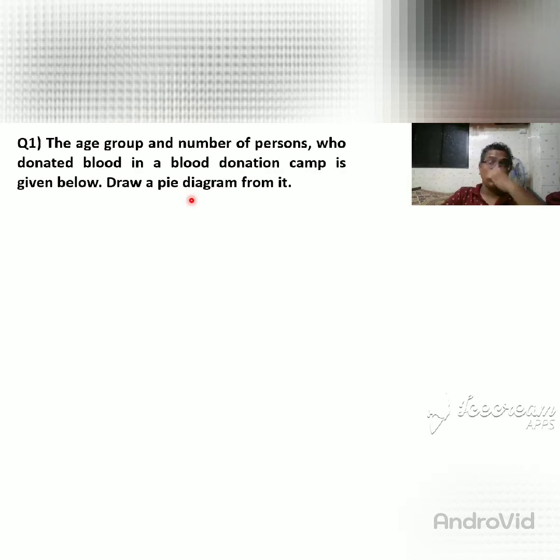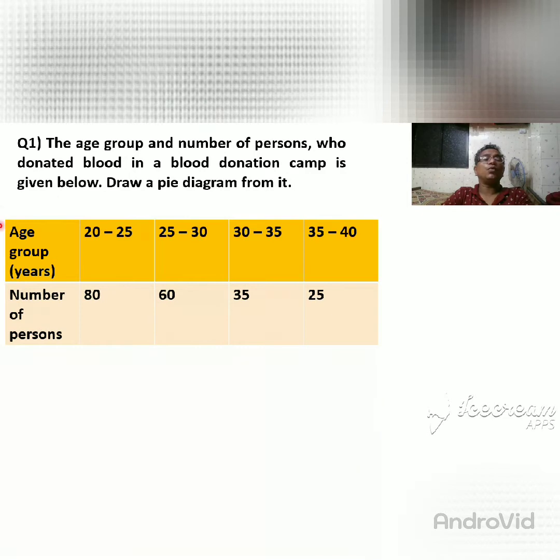Okay, so if you want to draw the pie diagram, then you must find out the angular measure. Here is the information given: age group 20 to 25, number of persons 80. Then 25 to 30, number of persons 60. Then 30 to 35, number of persons 35.